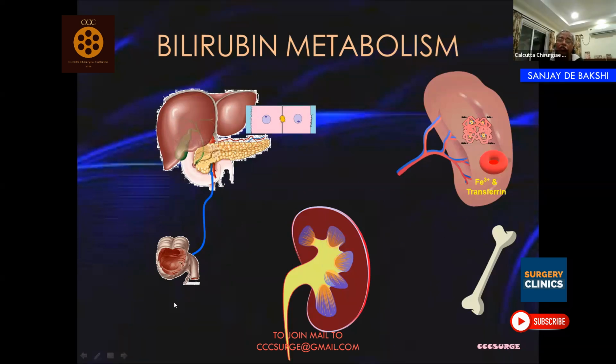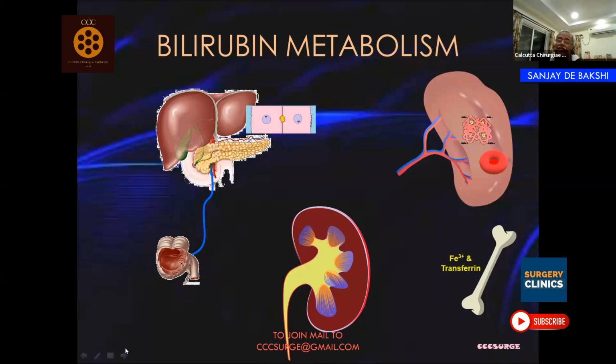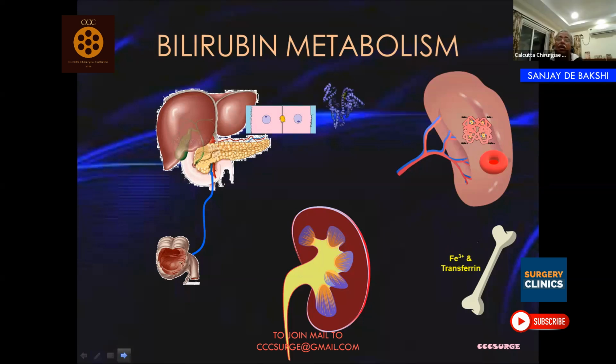Iron is transferred by transferrin where? It is transferred into the bone marrow. So you have iron breaking out from the hemoglobin. The heme is left. Now, how is heme transported to the liver? Albumin, sir. It's transferred by globulin.